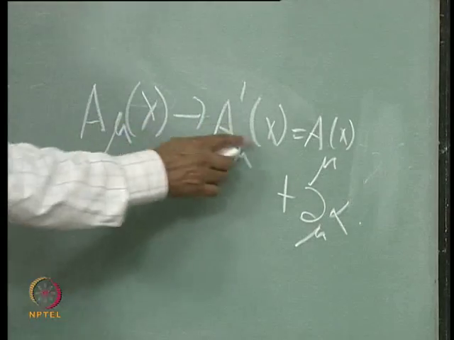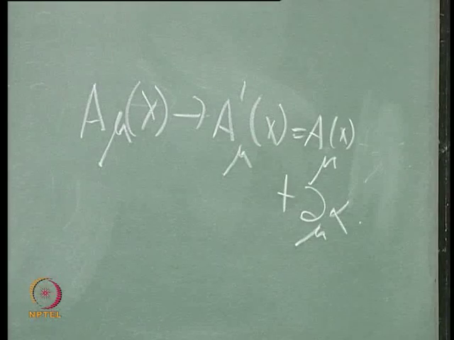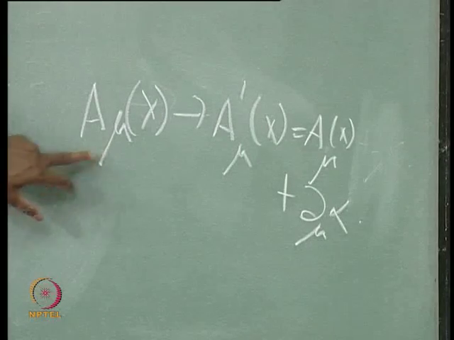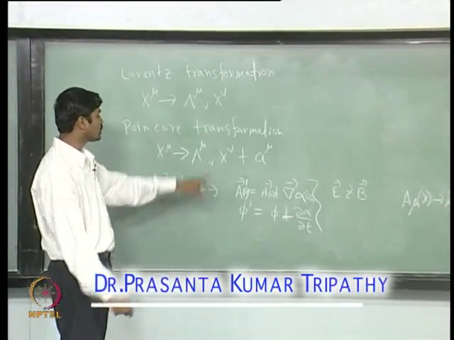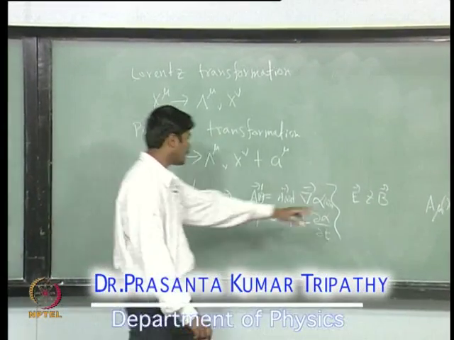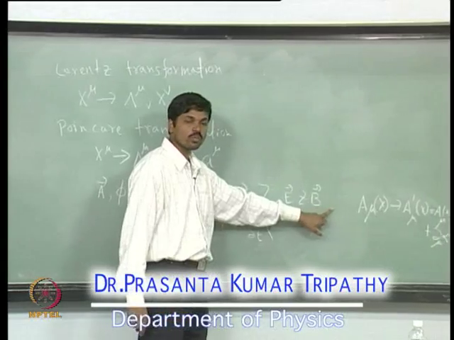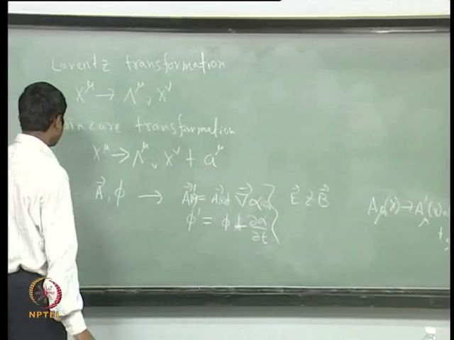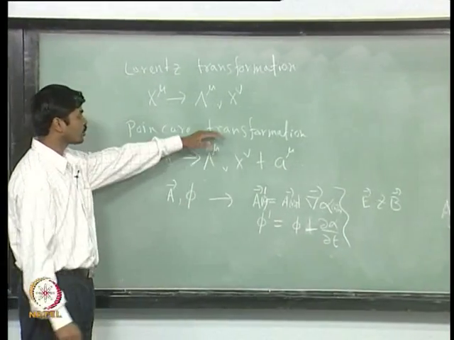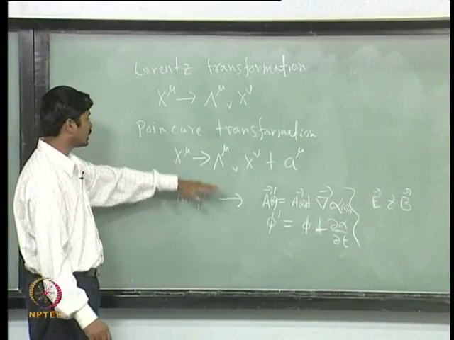So, this happens at the same point in space time. This is an internal symmetry transformation. So, you have Poincare transformation and you also have internal symmetry. Under this transformation also the equations of motion in electrodynamics remain invariant. So, there are such transformations. We will discuss what happens under such transformations.